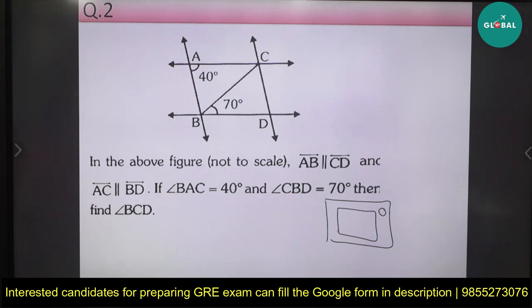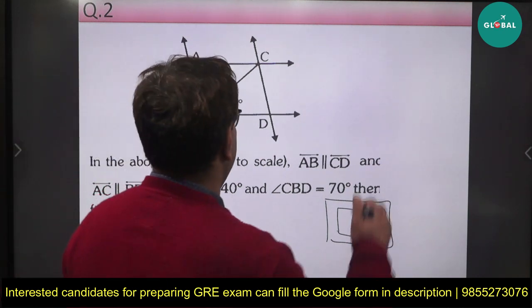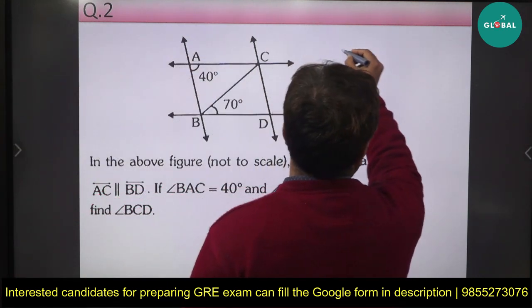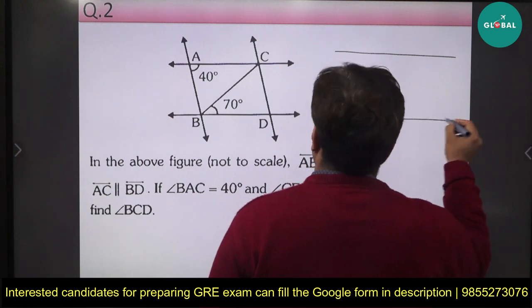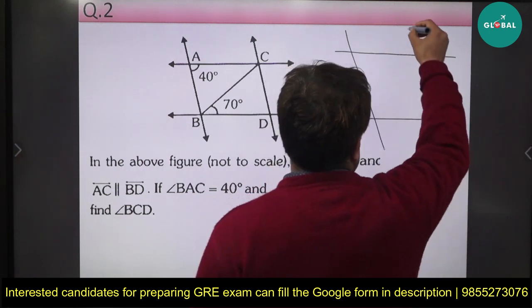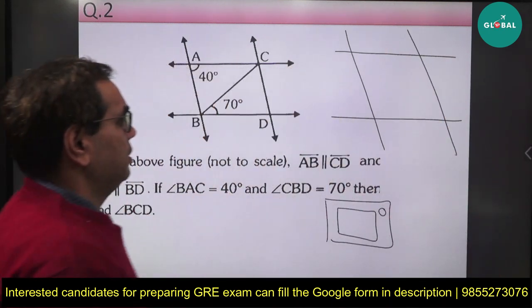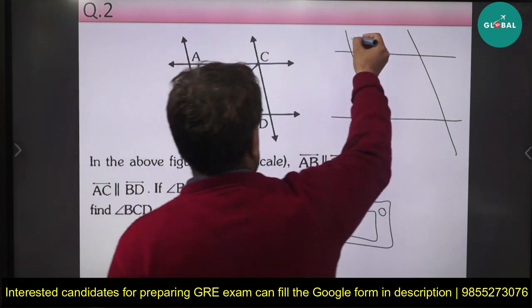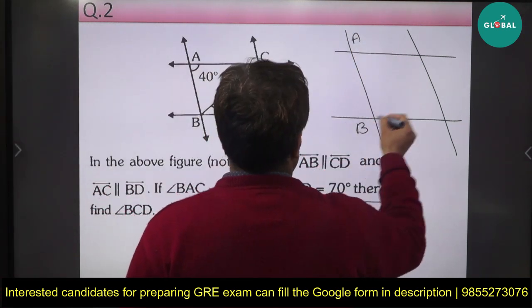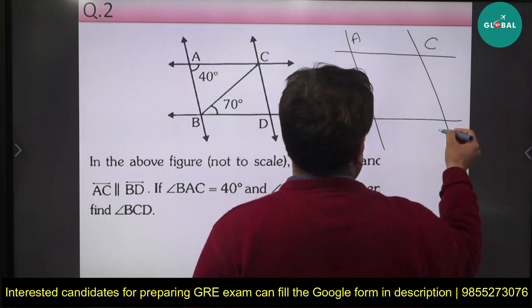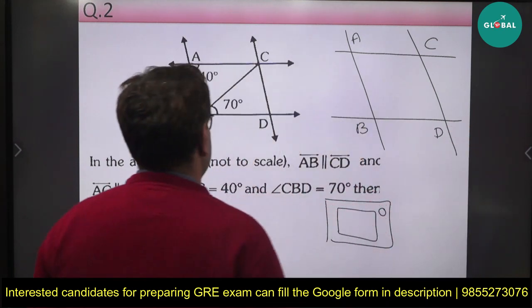Okay, so now let me explain you the solution of this problem. I am again drawing this figure. We have these two lines which are parallel to each other, and again we have two lines which are parallel to each other. Okay, so this is A, B, C, D. These are the points, intersection points.